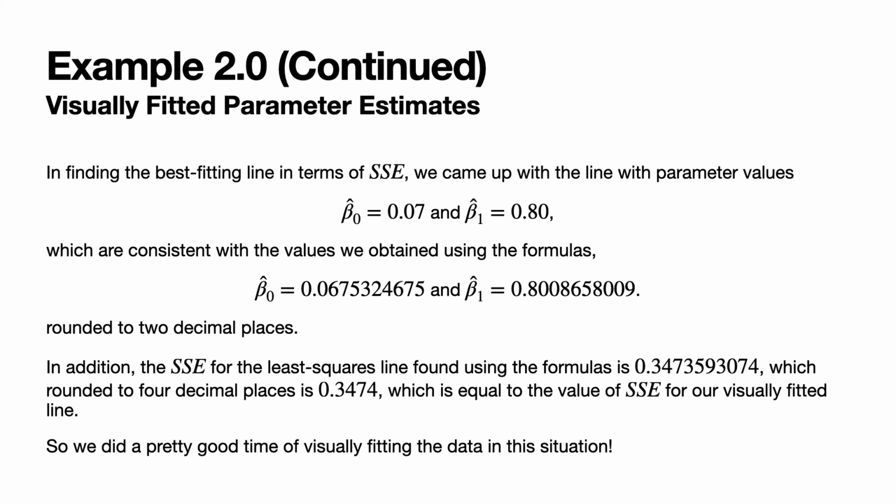In addition, the SSE for the least squares line found using the formulas, which was 0.3473593074, when rounded to 4 decimal places, is equal to 0.3474, which is equal to the value of SSE for our visually fitted line. So I'd say we did a pretty good job of visually fitting the line in this particular situation, at least.